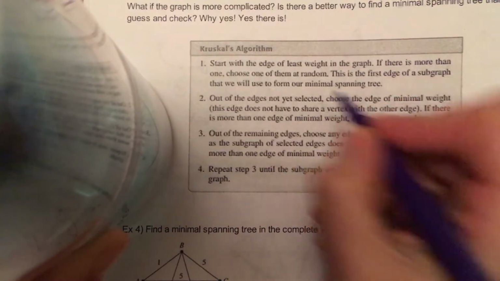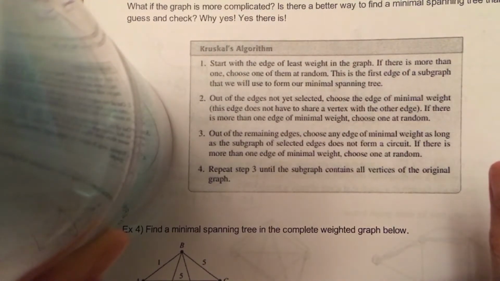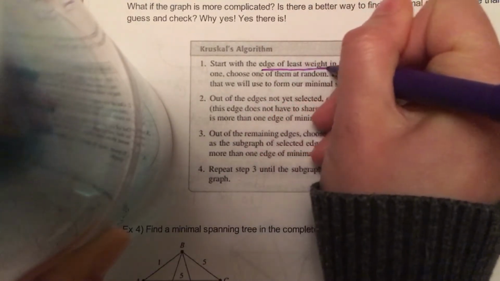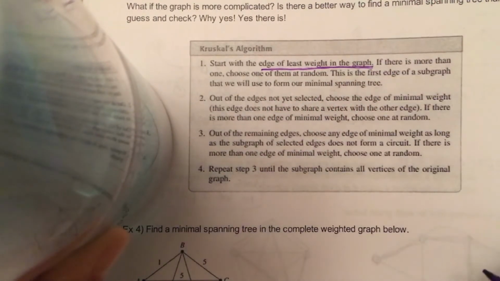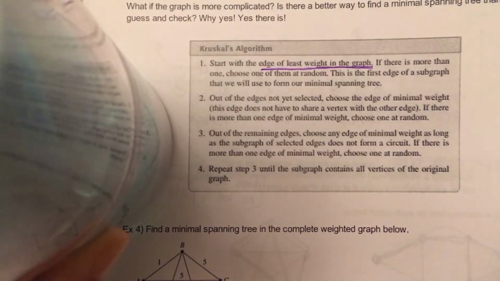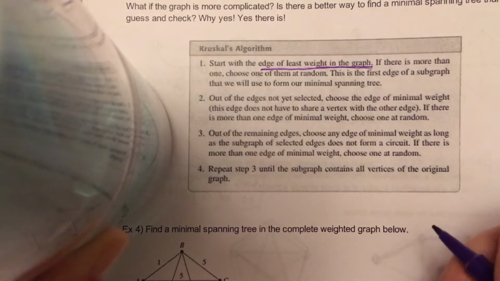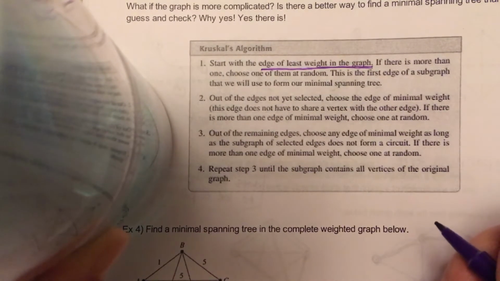So we're going to start this time, since we don't care about traveling in a path, I don't care about starting in a vertex, we're going to pick an edge. So I'm going to start with the edge of least weight. Whatever that smallest label is in your graph, that's the first edge you want to include. And because an edge is between 2 vertices, by default you're going to get the vertex on either end of that edge. So start with the edge of least weight.